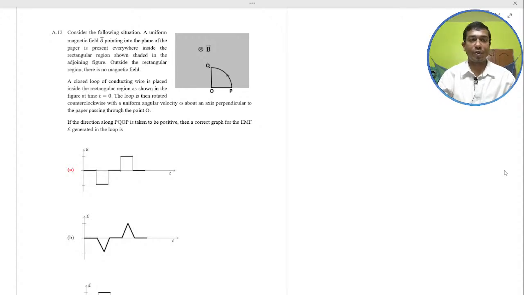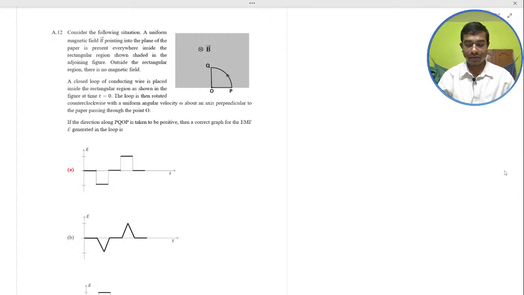A closed loop of conducting wire is placed inside the rectangular region as shown in the figure at time t equal to 0. The loop is then rotated counterclockwise with a uniform angular velocity omega about an axis perpendicular to the paper passing through the point O. If the direction along PQOP is taken to be positive, then a correct plot for the EMF epsilon generated in the loop is what?